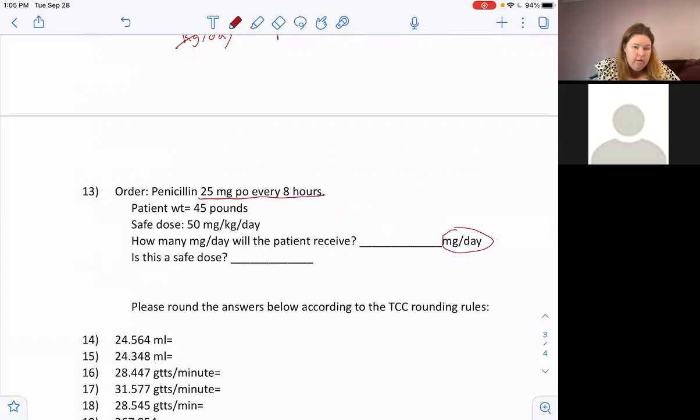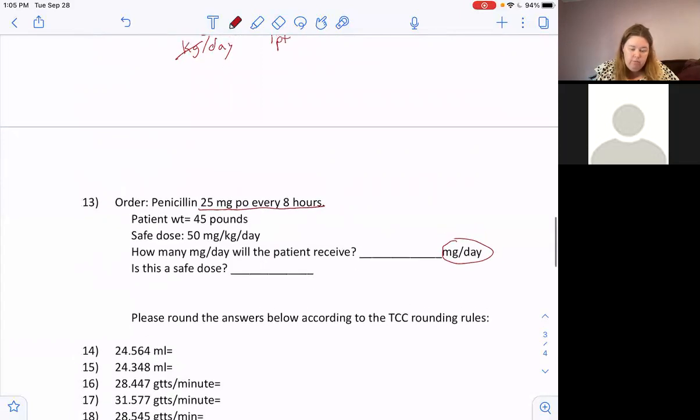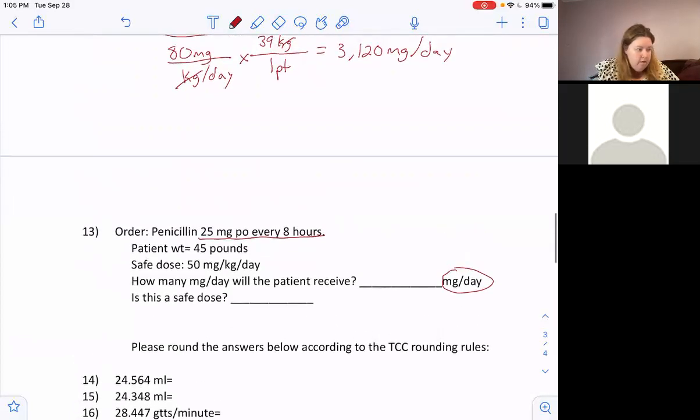So we're going to start with 25 milligrams over 8 hours. And there are 24 hours a day for one day.